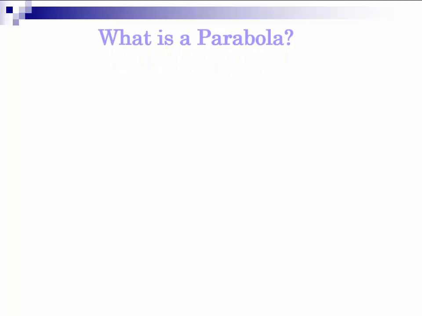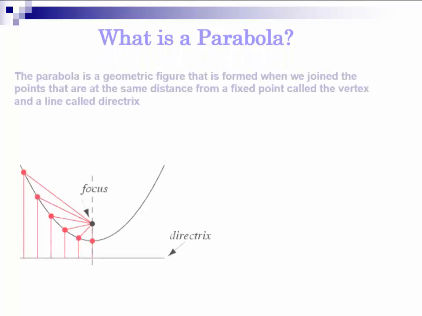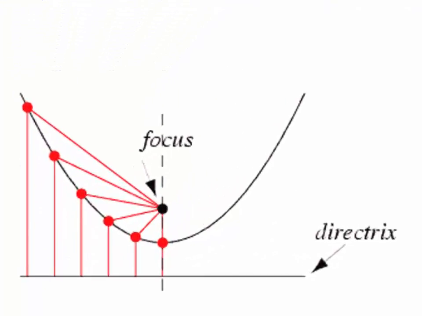Now, what is a parabola? The parabola is a geometric figure that is formed when we join the points that are the same distance from a fixed point called the focus and a line called the directrix. So, this is a point from the parabola.